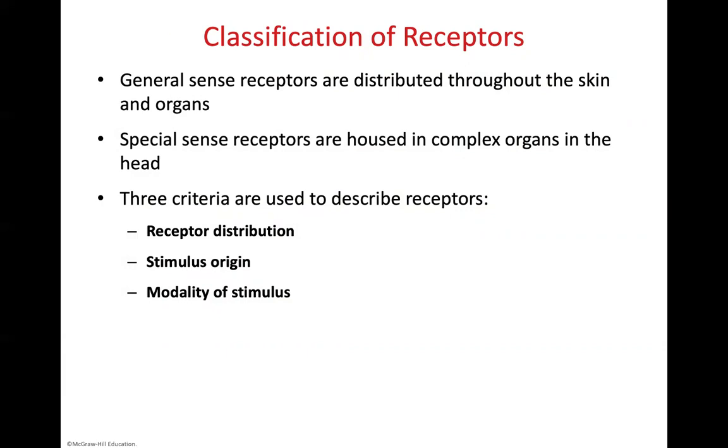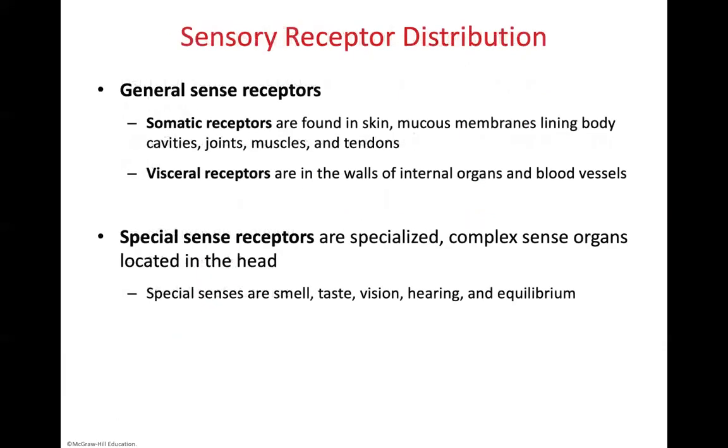Where are they located? And that's just general versus special. The stimulus origin, where is the stimulus coming from? And the modality of the stimulus, what type of stimulus it is. So this first one, receptor distribution, it's just, is it a general sense or is it a special sense?